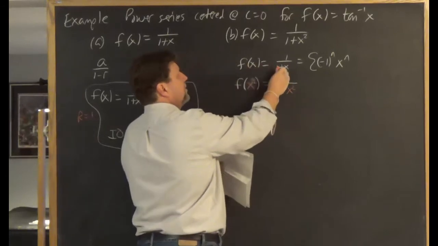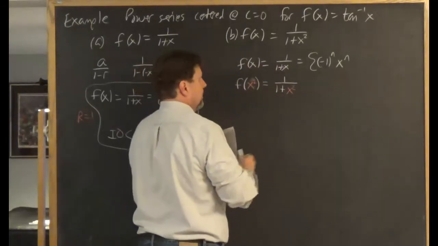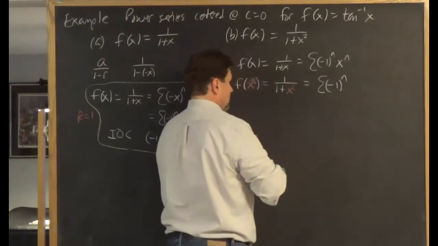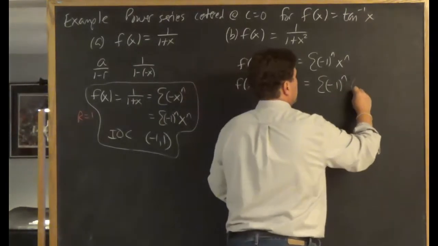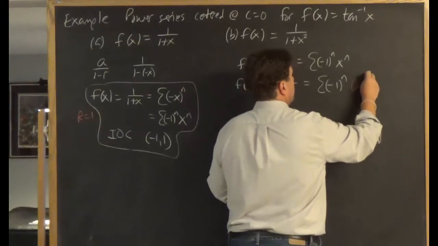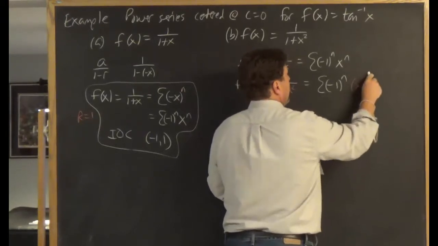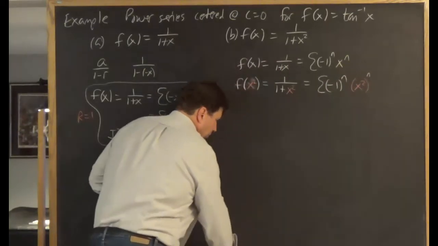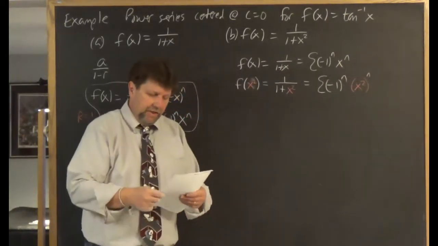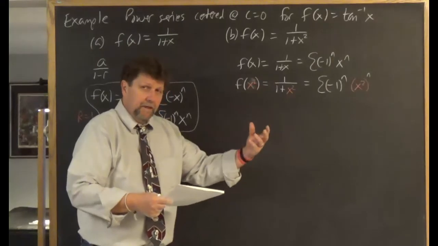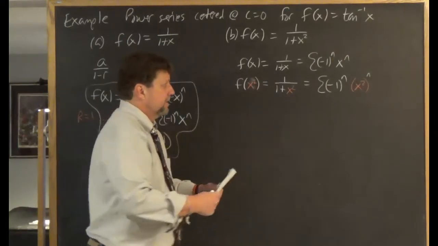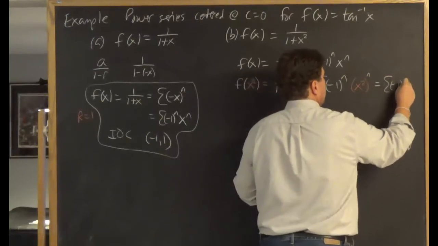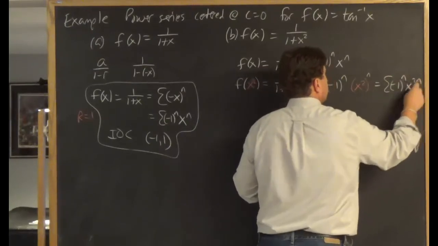Just evaluating this function at x squared, we're just evaluating the power series at x squared. It's that old evaluating a function concept. Just substitute in. So this immediately gives us negative 1 to the n, x to the 2n.